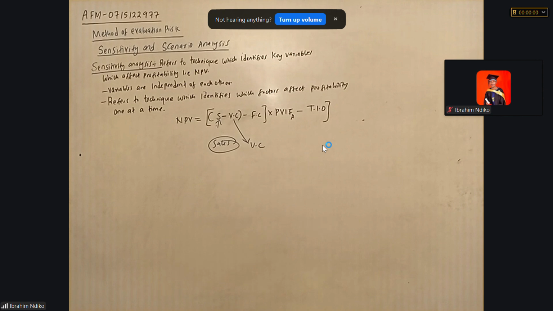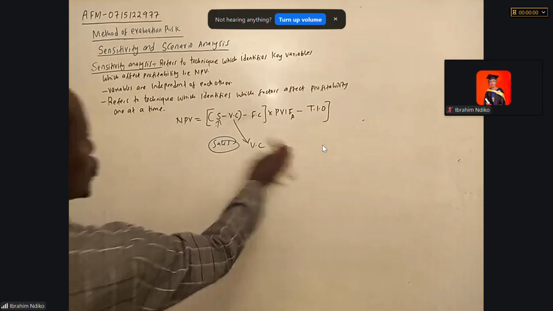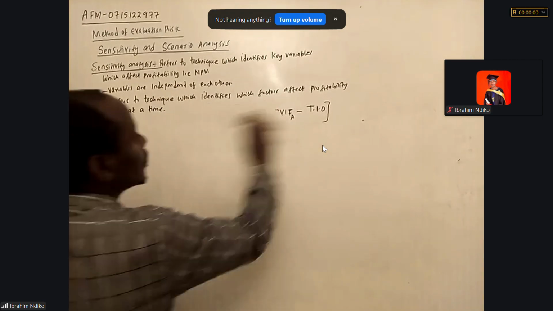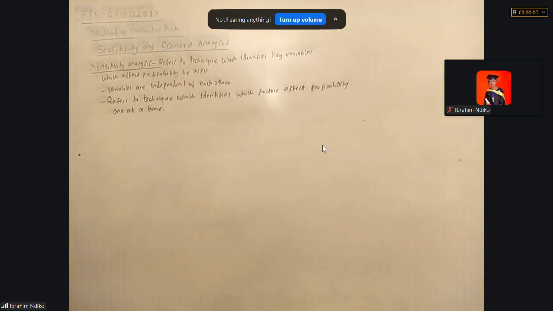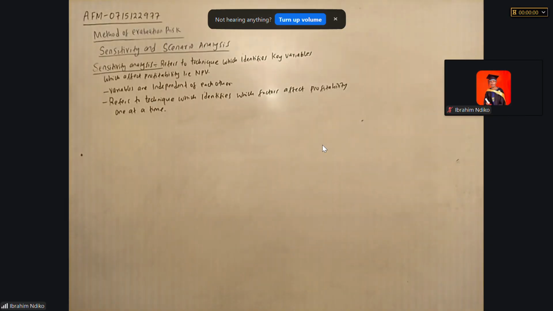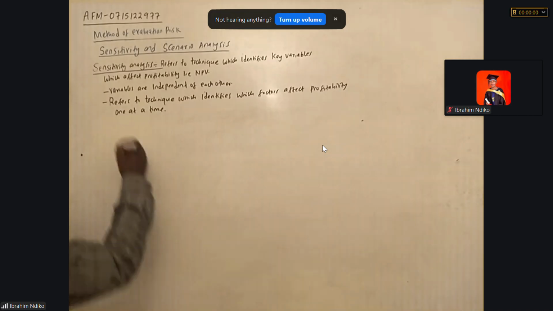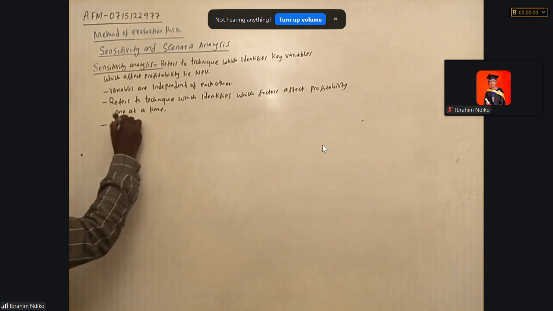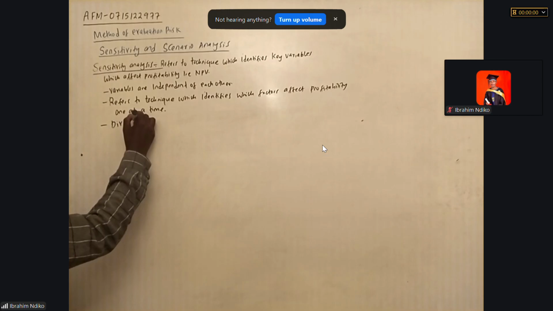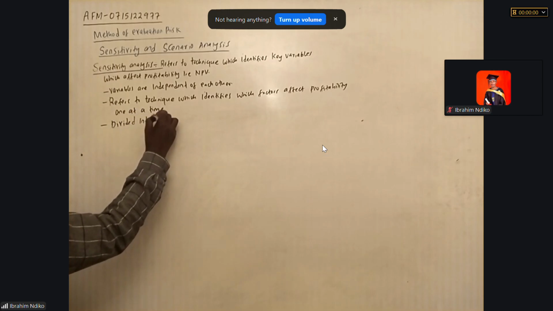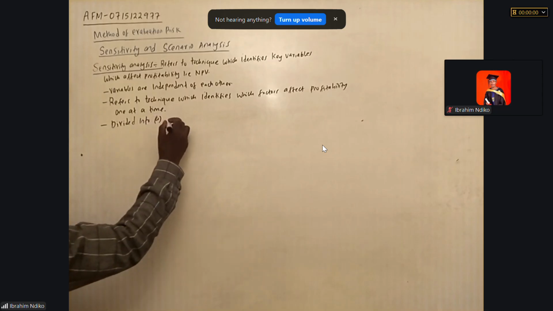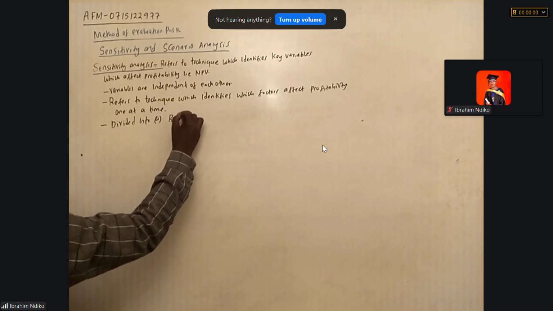So we have two types of sensitivity analysis, divided into two. Number one, break-even analysis.